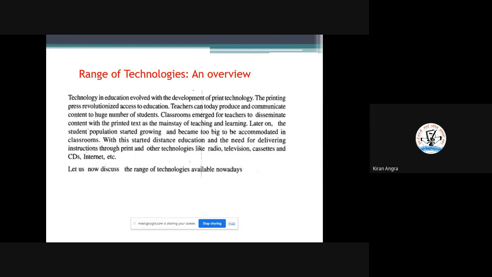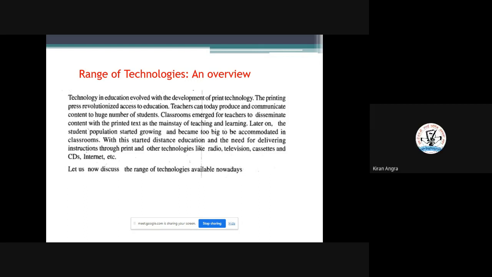At the very first, print technology came, and the whole education was revolutionized by print technology because they could produce or communicate content to a huge number of students. The knowledge that could have been disseminated by classroom teachers was disseminated through print technology, and this print technology helps a number of students.